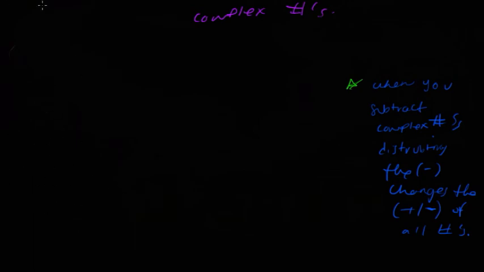Let's take, for example, this is a good problem here. Let's take 10 plus 3i minus 10 minus 4i. All right. Well, what do we do first? We want to distribute this sign.